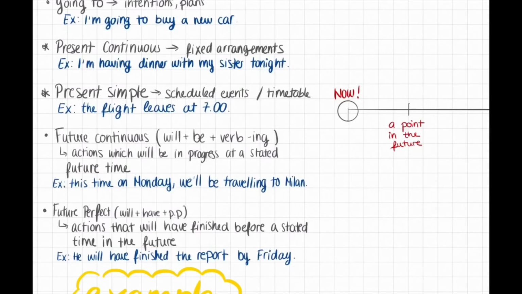Okay, so for the future continuous, how is that formed? It's formed with will plus be plus the verb ing. And it's for actions which will be in progress at a stated future time. For example, this time on Monday we'll be traveling to Milan.